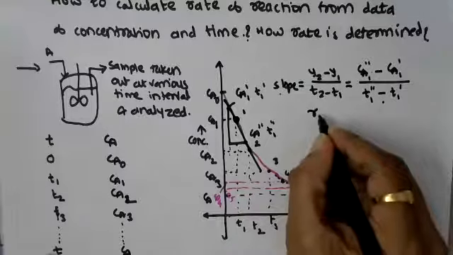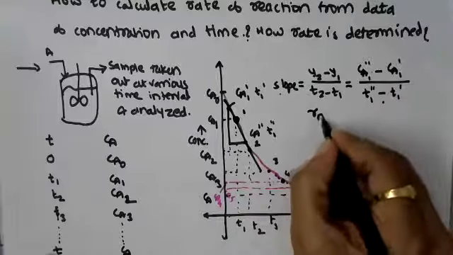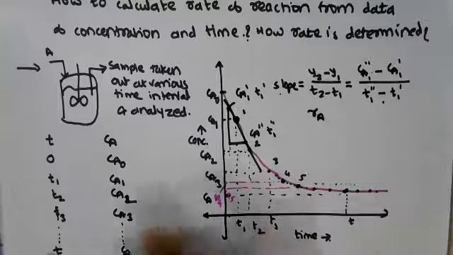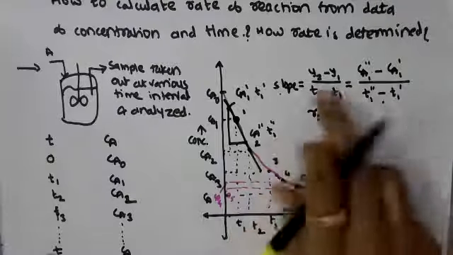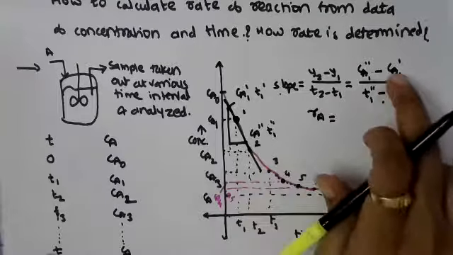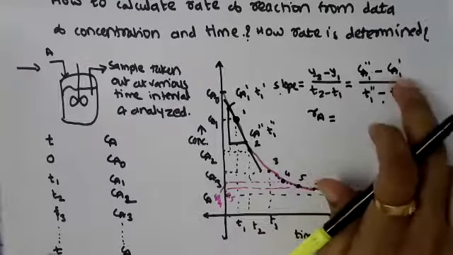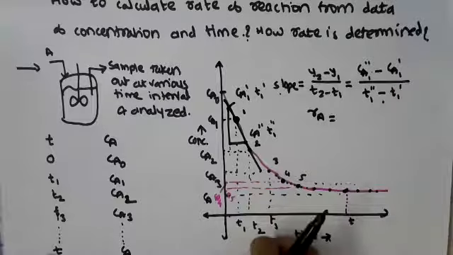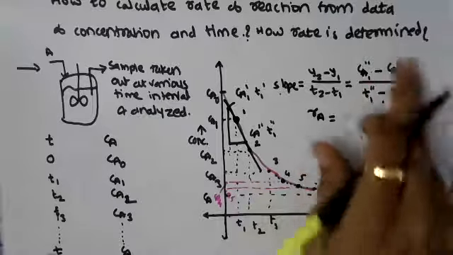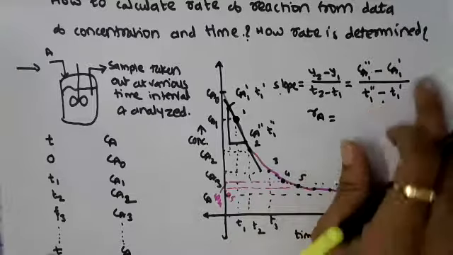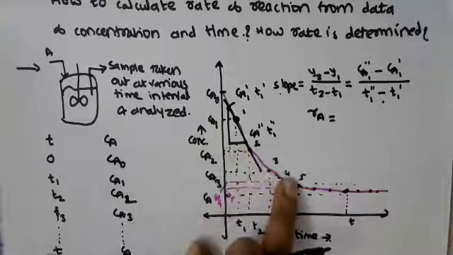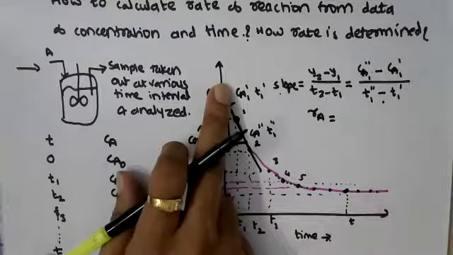So, since we are referring to the rate, it is minus Ra. But please remember, this concentration y2 will be less than concentration Ca1 dash, so this will be negative. As I have told you, the rate may decrease, but its value will not be negative.